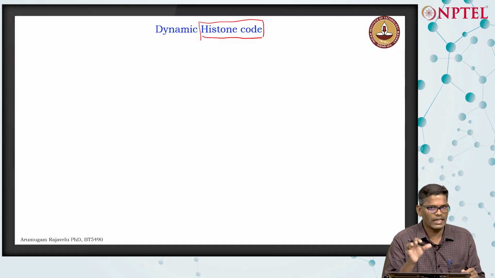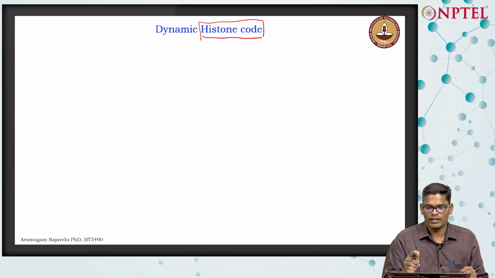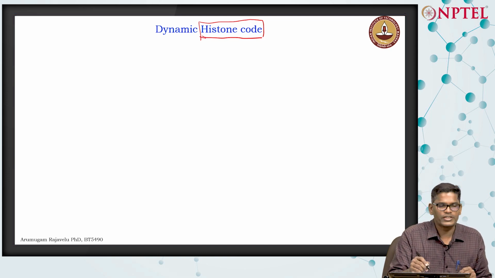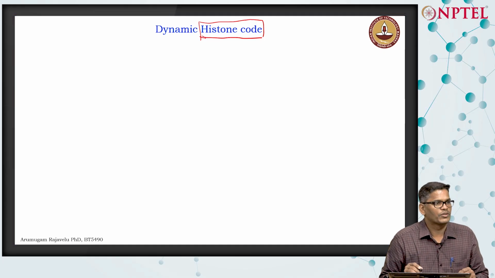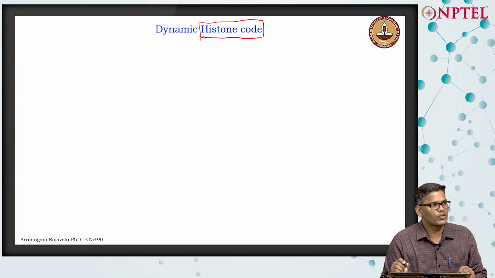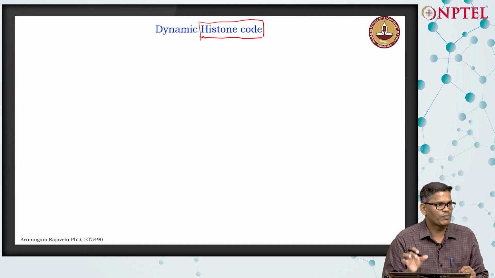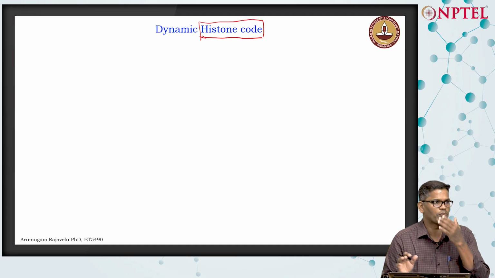So each and every gene will have a specific histone code or epigenetic code in this case. A few literature started using this kind of term, so you should not get confused about what is histone code. Histone code is nothing but the nucleosome carrying a specific set of epigenetic modifications. It can be an activator modification or repressive modification.